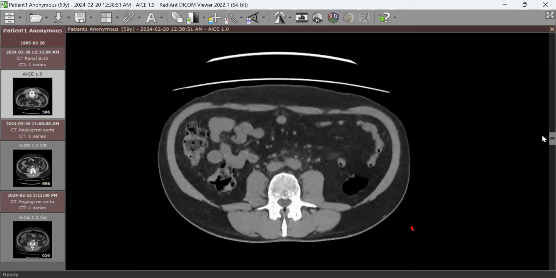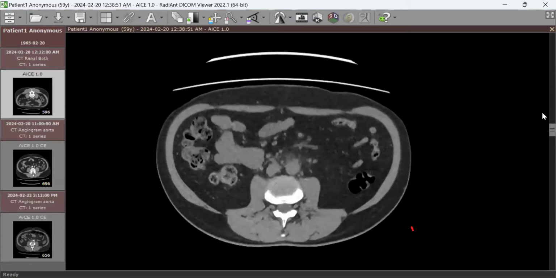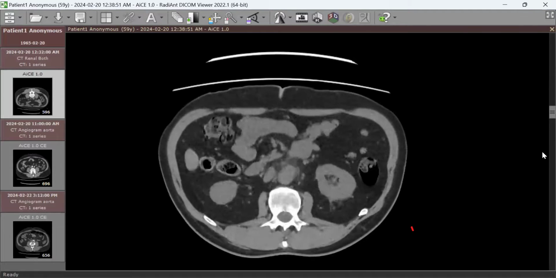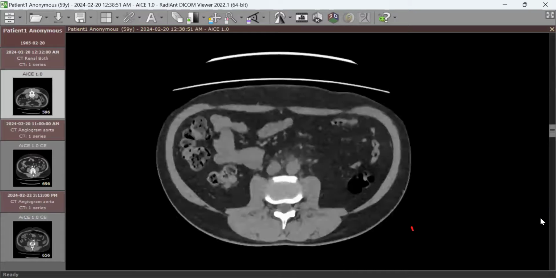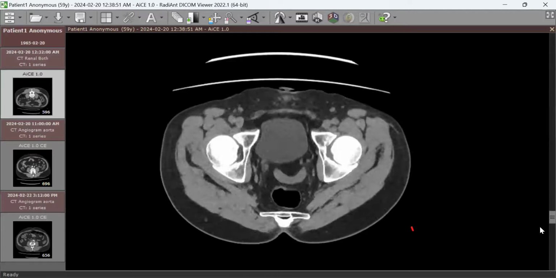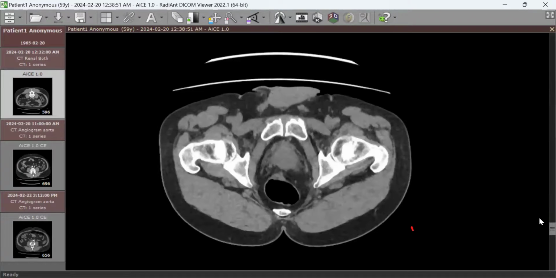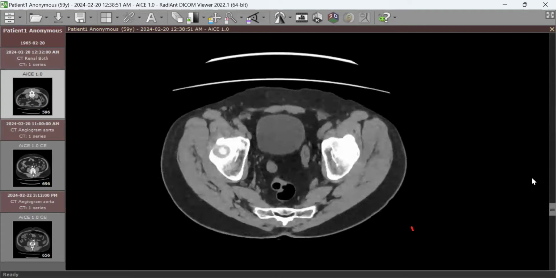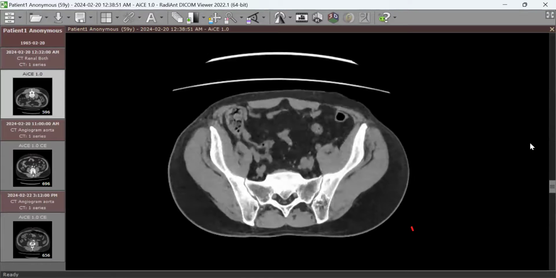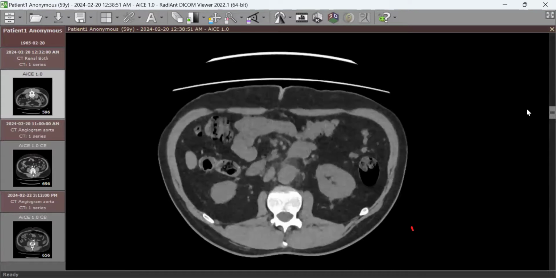So I can tell you there's no obstructing stone, no hydronephrosis. Bladder is clear, distended well, no vesicoureteric junction stone.